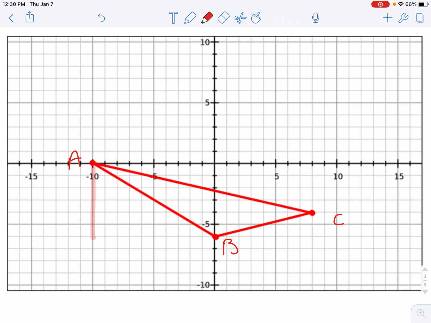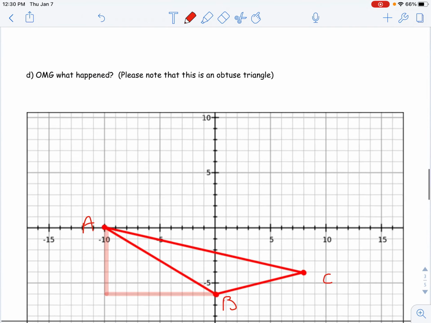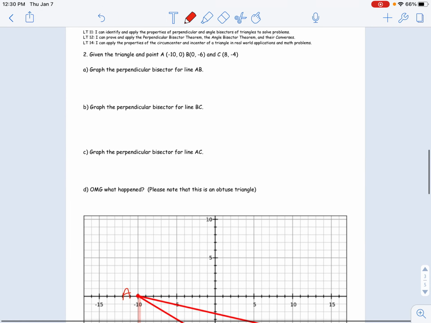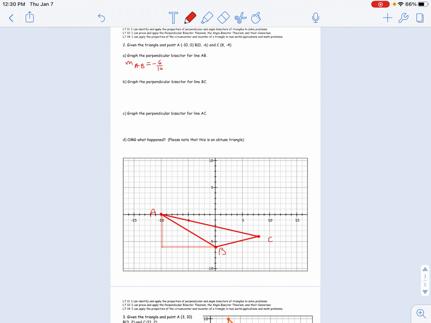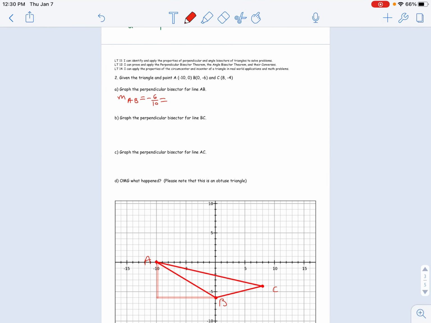So again, there's going to have to zoom in and out, a lot of stuff going on, but we'll deal with it. All right, so this was down 6 over 10. So the slope of AB was down 6 over 10, which goes to negative 3/5.